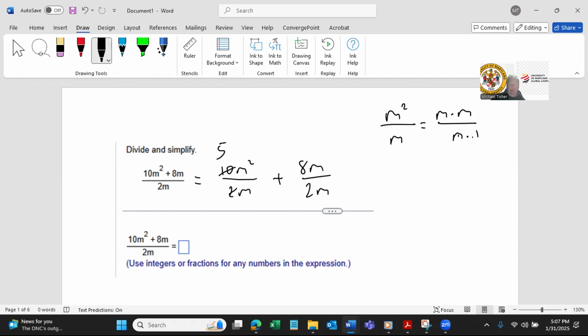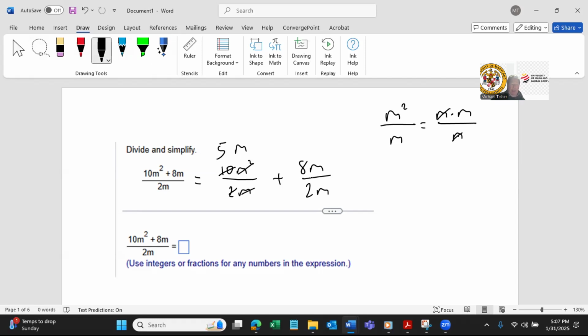And that would mean m and 1 are factors. All right. So technically something by itself is automatically a factor. So the bottom m is a factor. And we have a factor in the top. So we'll cancel m from the top and m from the bottom. It leaves m upstairs. So we get 5m there.